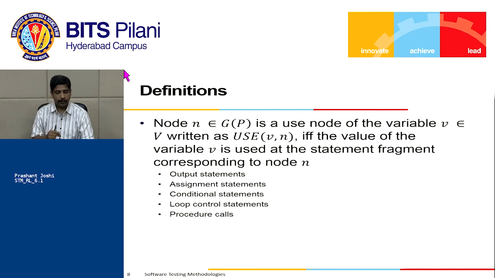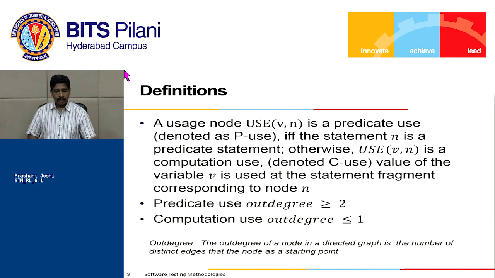Then we have the use node, where variable v is used. That's how we get the DU pair, the define and use pair. Use nodes include output statements, assignment statements, conditional statements, loop statements, and procedure calls. A usage node has two parts: a C-use, which is a computation use, and a P-use, which is a predicate use.